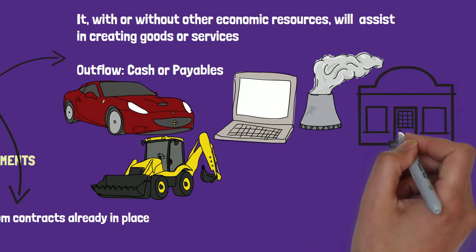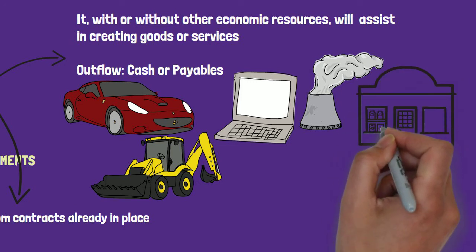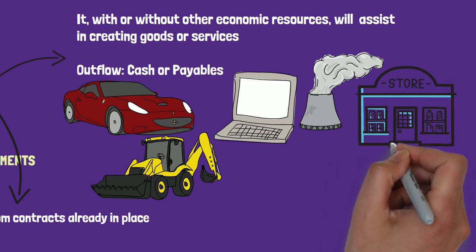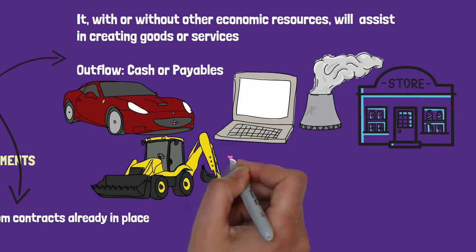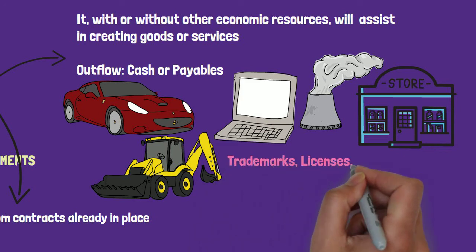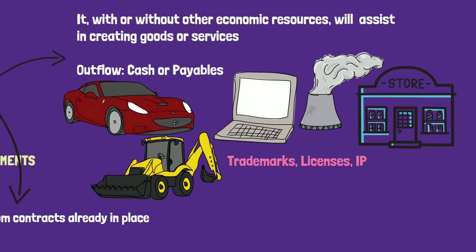And then you have things like intangibles, like IP or trademarks or licenses. All of these items allow companies to produce products that others cannot. Yeah, so this isn't the thing that's creating the product, but it gives you a certain right to create that product.